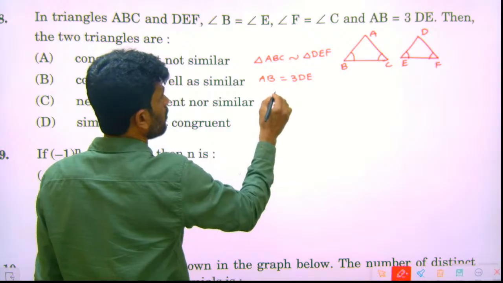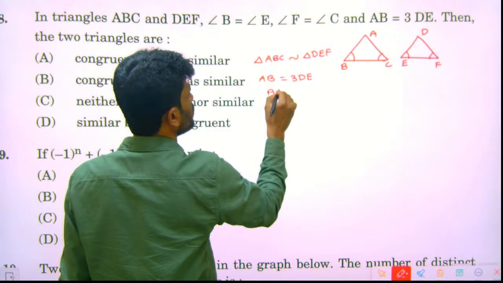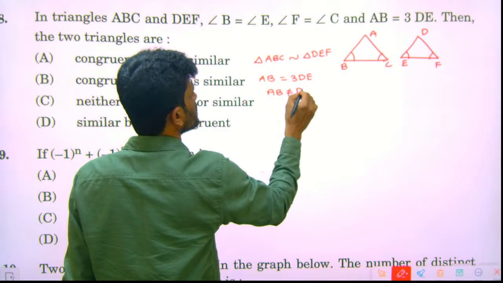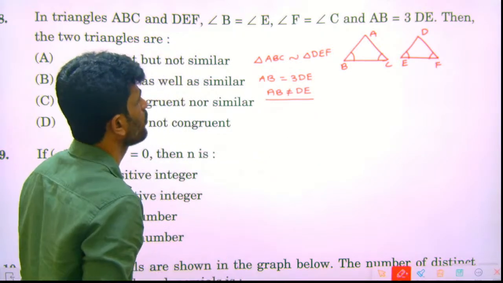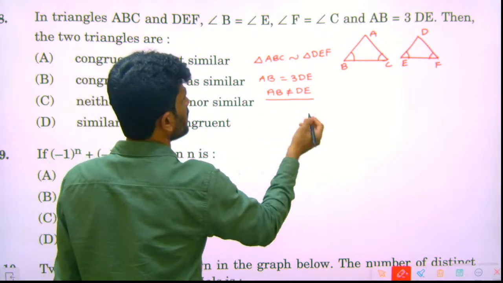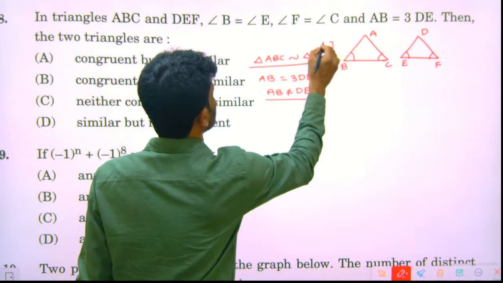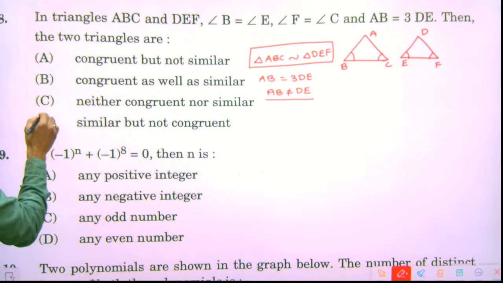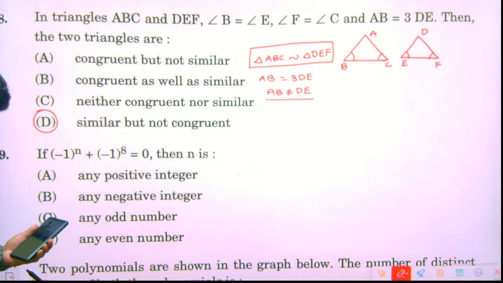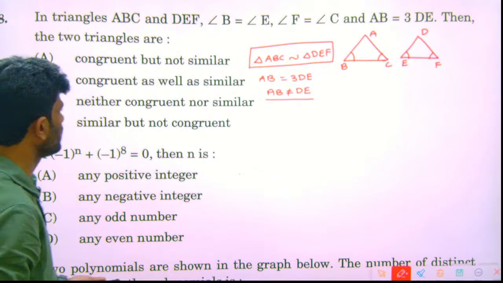We have to know AB is equal to DE. Because AB is not equal to DE, corresponding sides are not equal, so it is not congruent, it is only similar. So the two triangles are similar but not congruent. Which option? Option D is correct. Question number 8, option D.